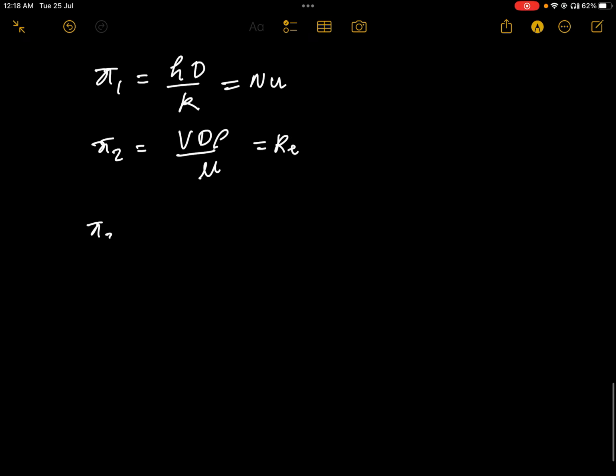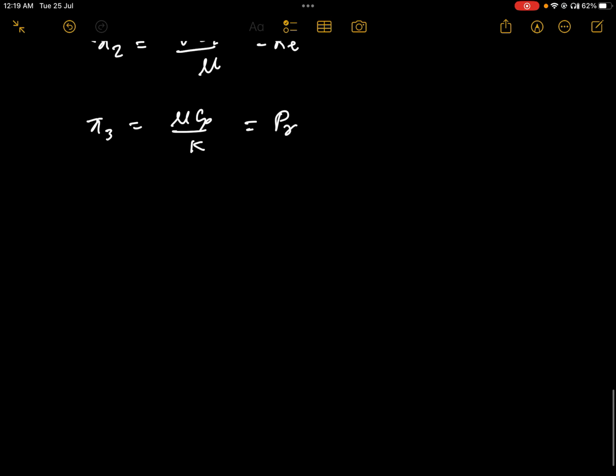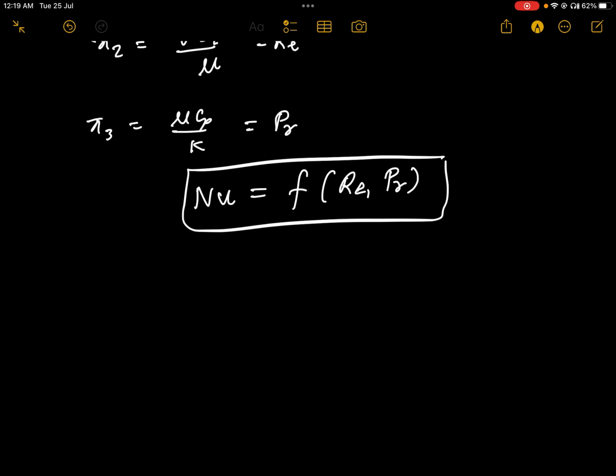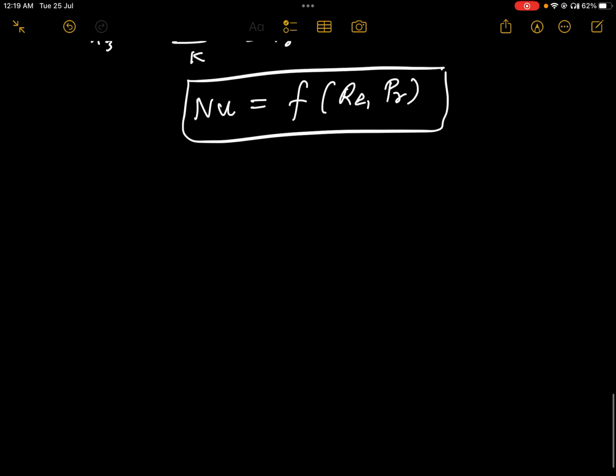The pi 3 term is mu cp upon k, that is called the Prandtl number. So from these relationships, we can say that the Nusselt number is a function of the Reynolds number and Prandtl number.